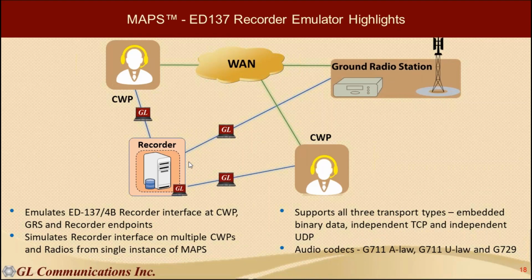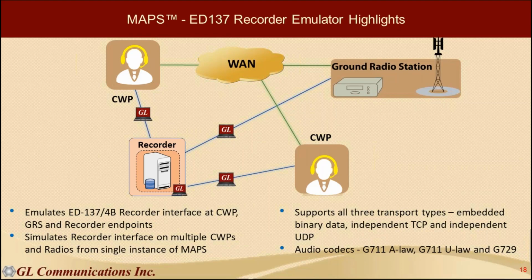Again, we can simulate a recorder interface from multiple CWPs and radios in a single instance of MAPS. It can also simulate both air to ground and ground to ground recording sessions in the same product.